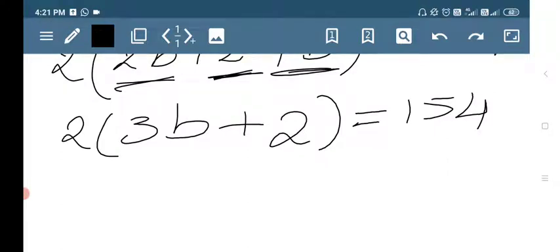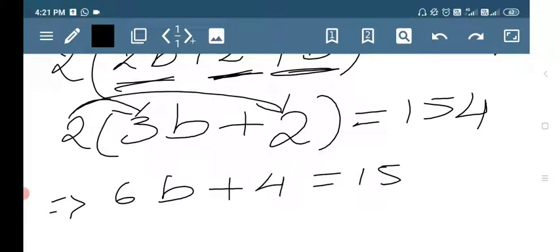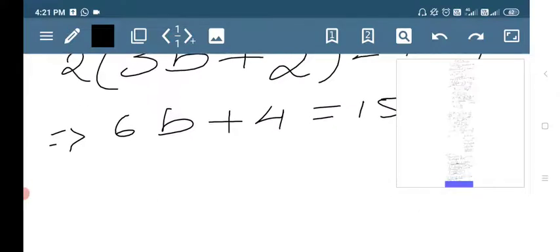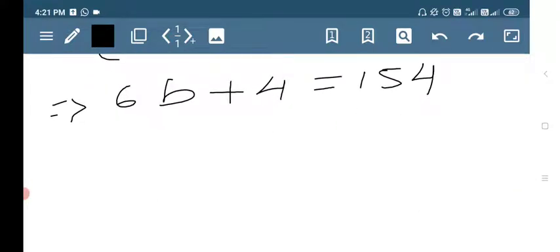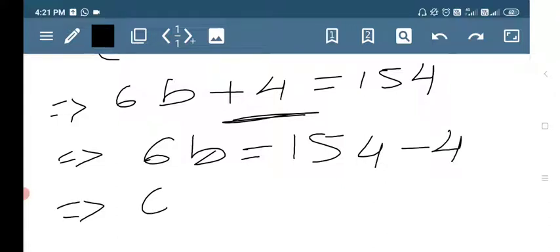Now, bracket in the sense of multiplication, right? 2 threes are 6b, plus 2 twos are 4, is equal to 154. So this implies 6b is equal to 154 minus 4, because if you send this plus 4 to the RHS, it becomes minus 4. 6b is equal to 150.